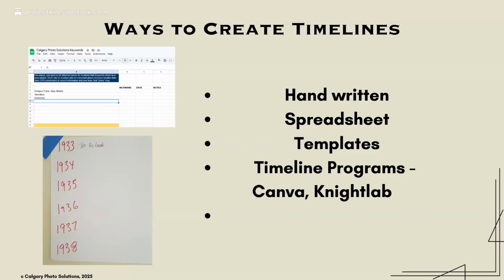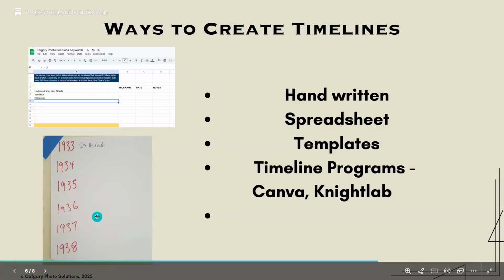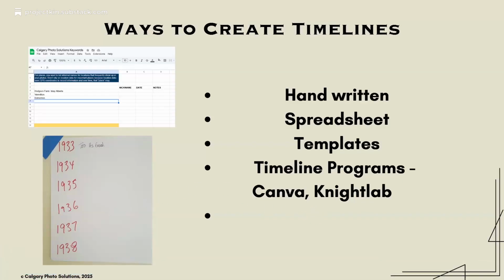So think of it as, how do I look up my information, and how do I need to find it? As I mentioned with the one we did by hand, I could have done that on a spreadsheet, but then I would have had to look at the spreadsheet every time I wanted to look up information, and I wanted a visual at the moment.